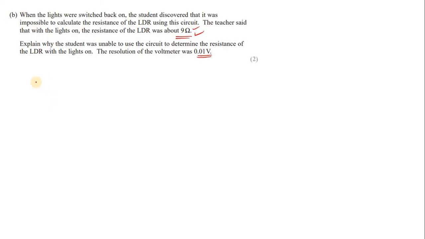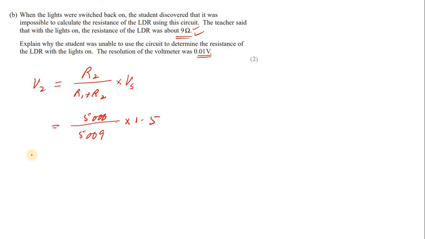So when the light is on, V2 will be R2 divided by R1 plus R2 into the source voltage or EMF. So R2 is 5000 divided by R1 plus R2, so 5009, into 1.5.